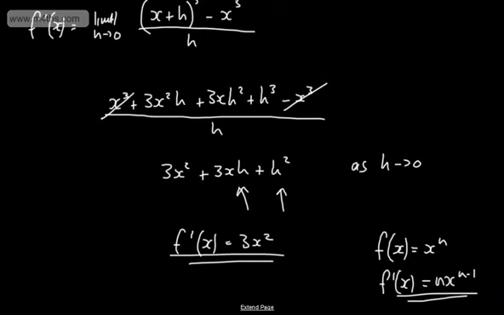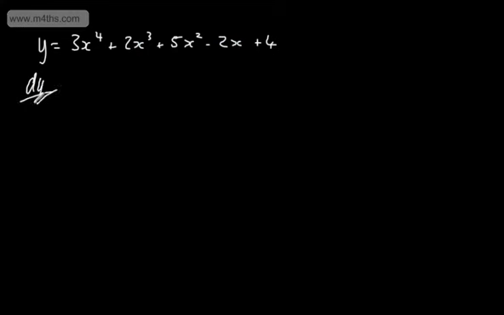Okay, so let's actually go ahead and do some. So let's say we've got y is equal to, let's go for 3x to the 4th plus, let's go for 2x cubed plus 5x squared minus, let's go for 2x plus 4. So what we're looking for then is the gradient function, the first derivative. Now the first derivative is dy by dx.